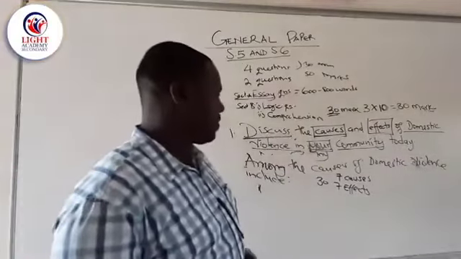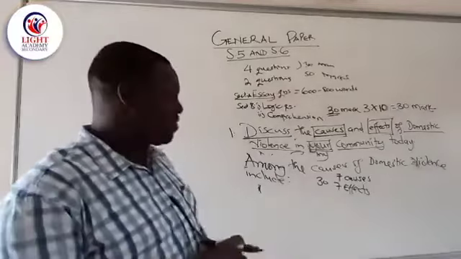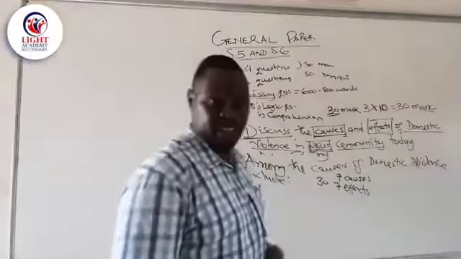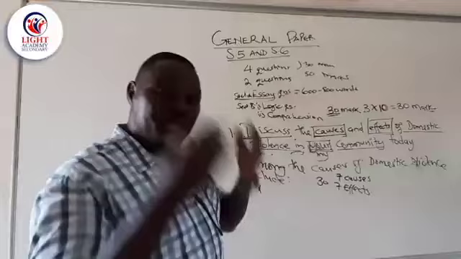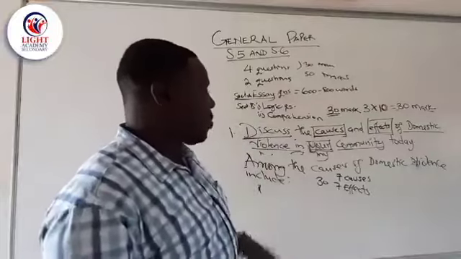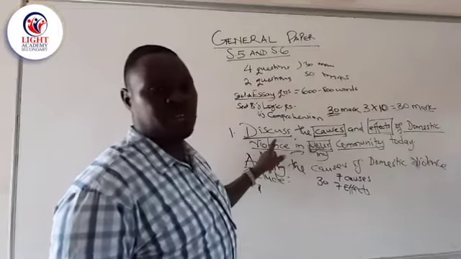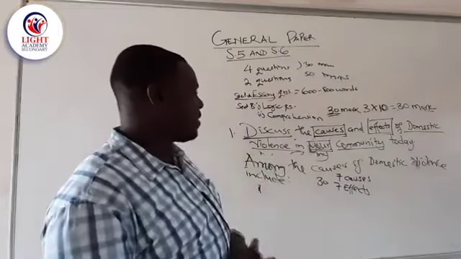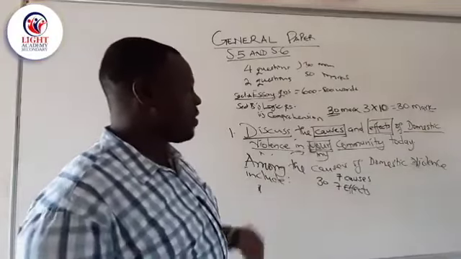Discuss with them: what are the causes of domestic violence in our communities today, and what are the effects? These parents are rich with information about all this. I'm challenging you to discuss this question, such that when you come back, we shall meet and expound on them.